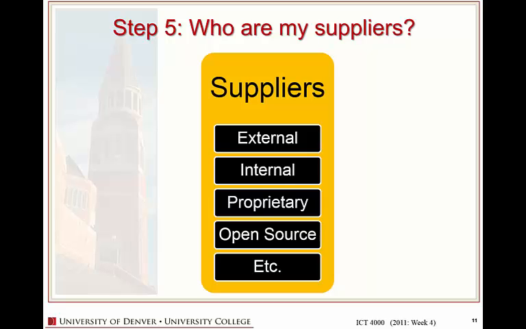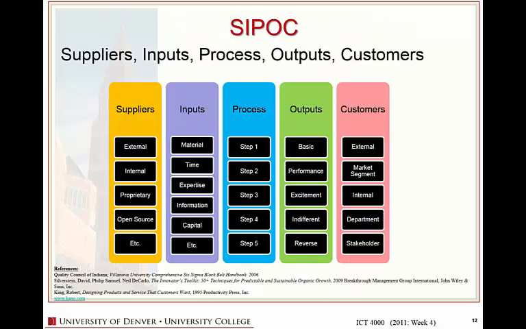Who's actually going to provide those various inputs? So putting it all together, this is what our SIPOC or our supply chain looks like. And once we've done this work, we have a good view into how value gets delivered to our customers from the very beginning to the very end.